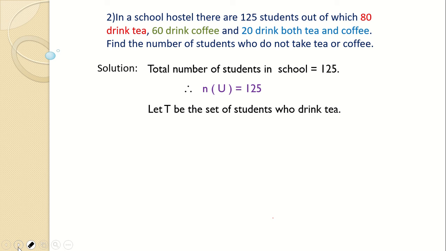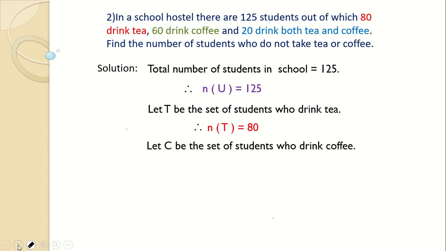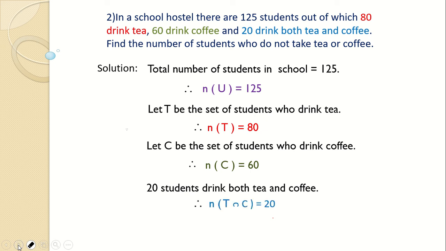I have used T, so N of T for me is 80. And let C be the set of students who drink coffee. So therefore N of C is 60. 20 students drink both tea and coffee, and so that's intersection. Therefore N of T intersection C is equal to 20.